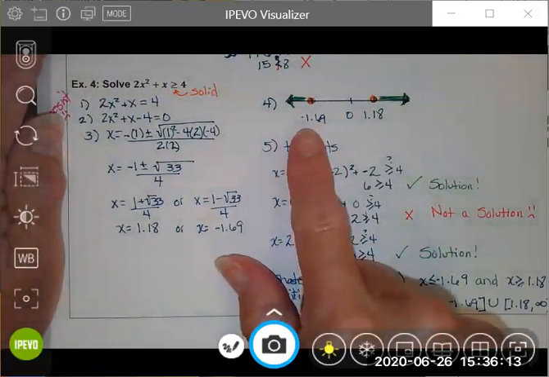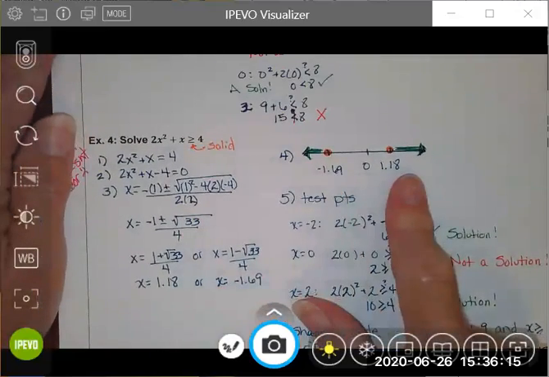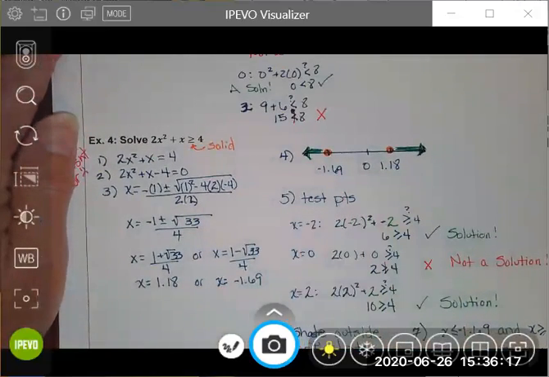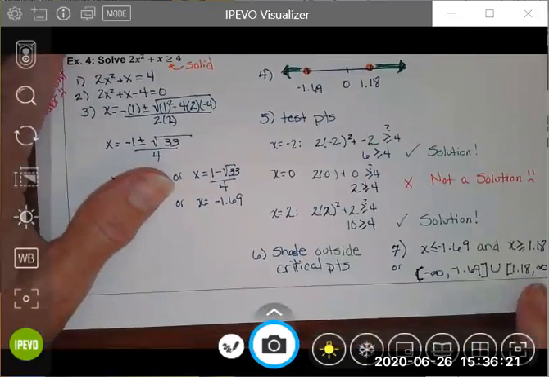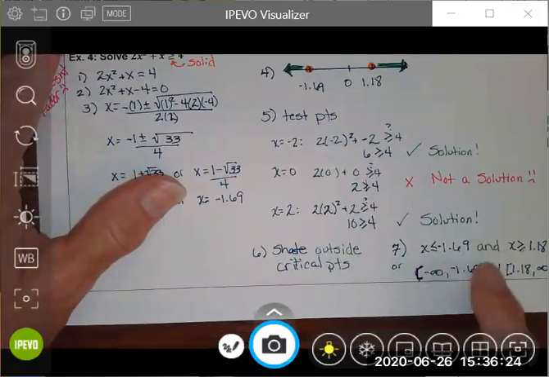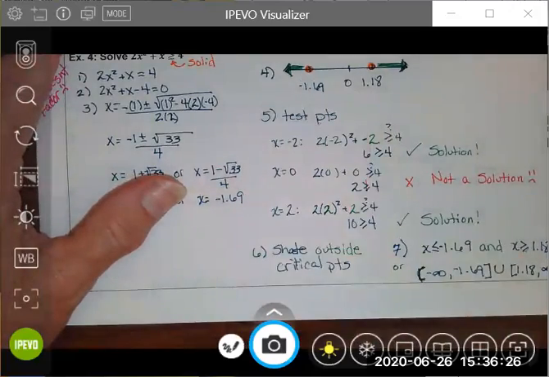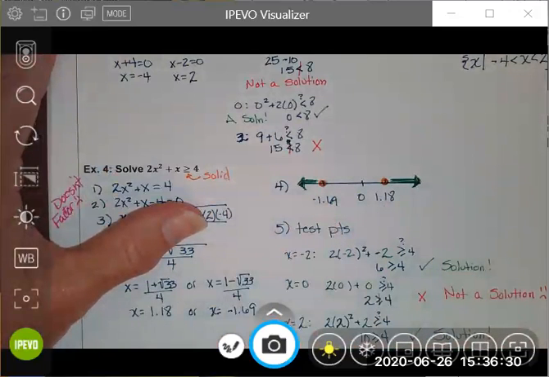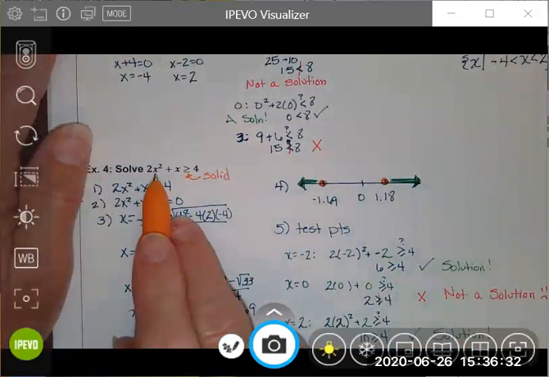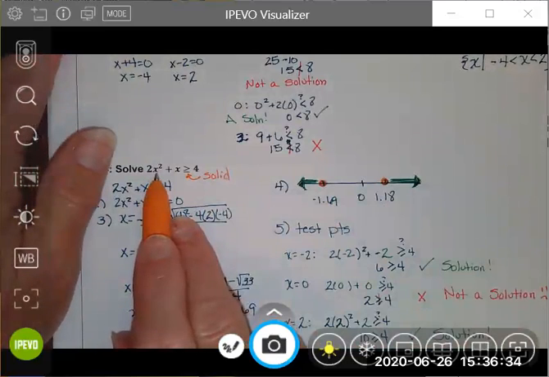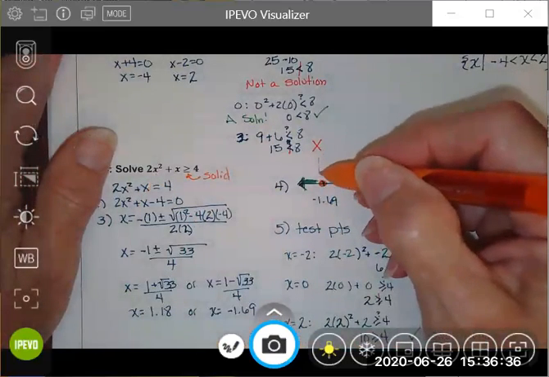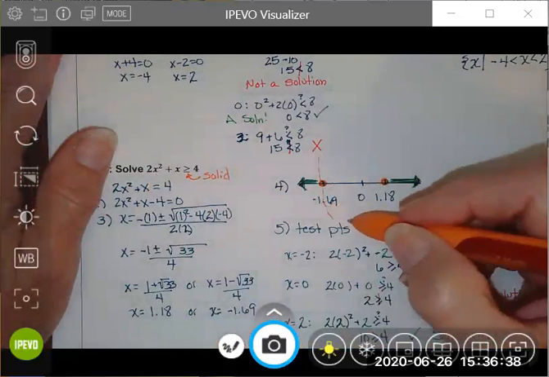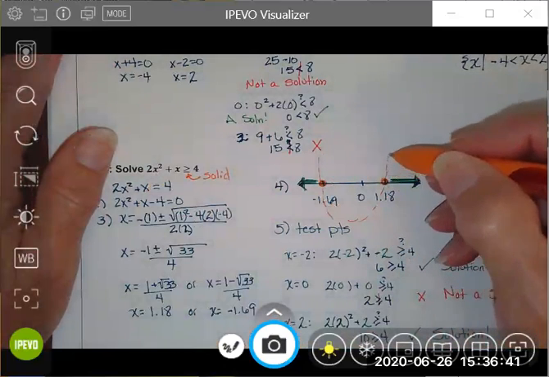I wanted to talk about the fact that we graph the solution set on a number line so that we can find the inequality to write, or find the solution set to write algebraically. Don't be confused. There is still a parabola here. In this case, because our leading coefficient is 2, which is greater than 1, our parabola opens upward, and it probably looks something like this.